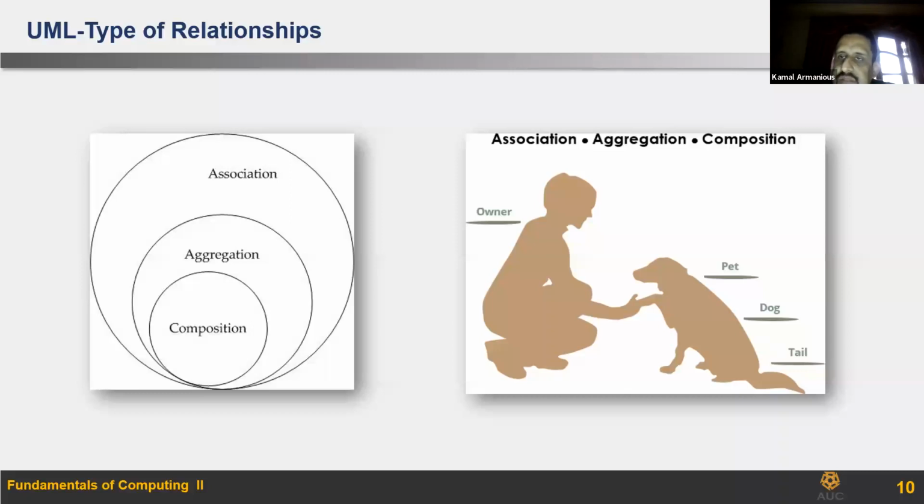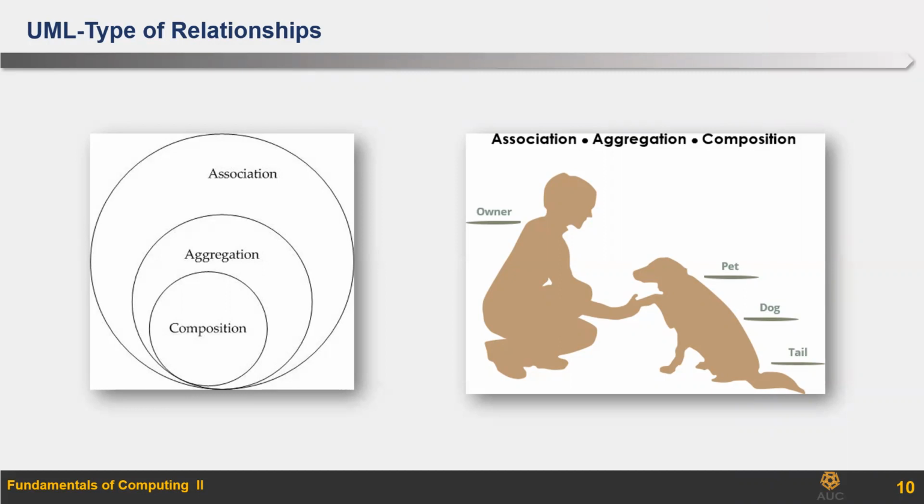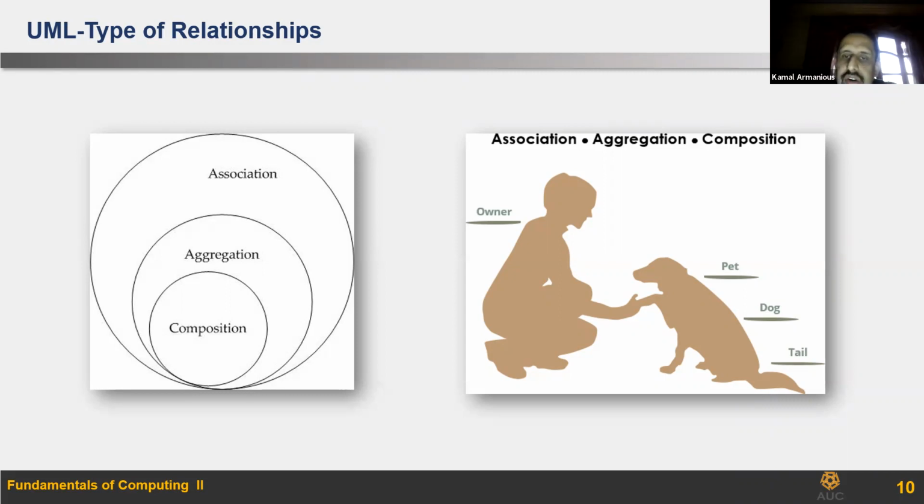Is there a relation between the owner and the cat? No, there is no cat in the picture. So basically, the lady owns the dog, and the dog is being owned by the lady. So this is a kind of relation.